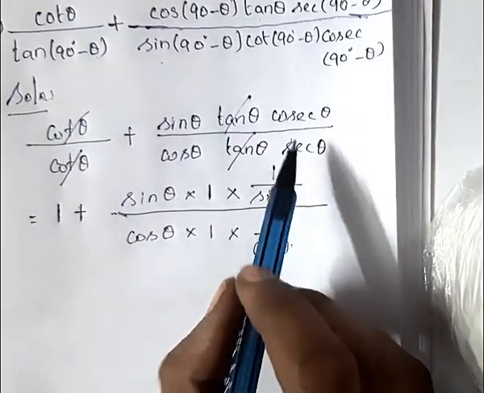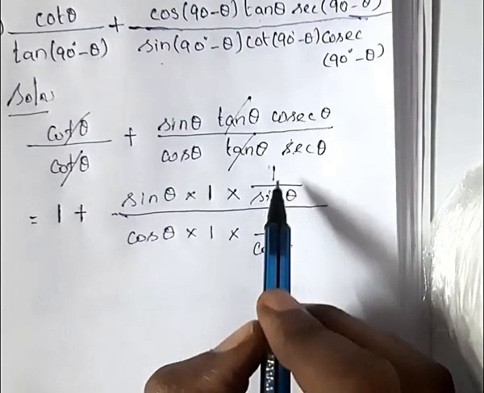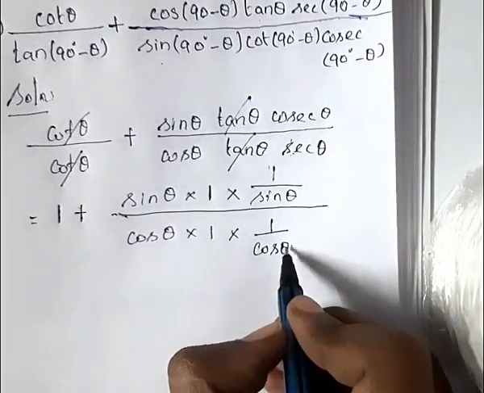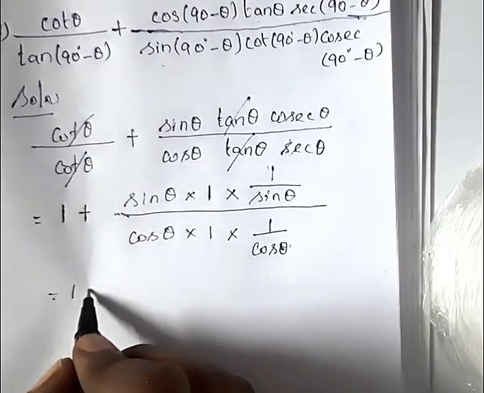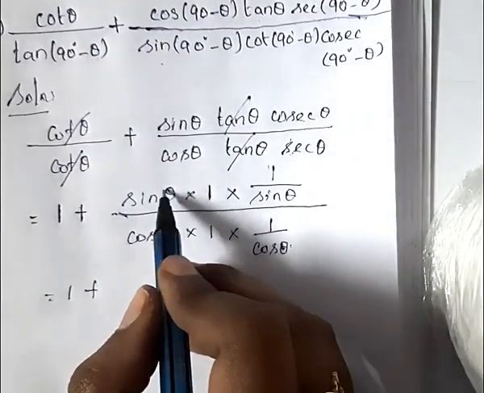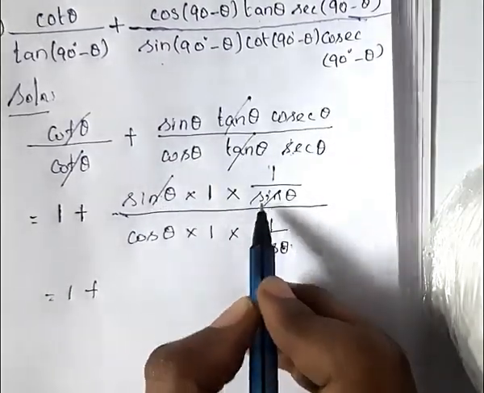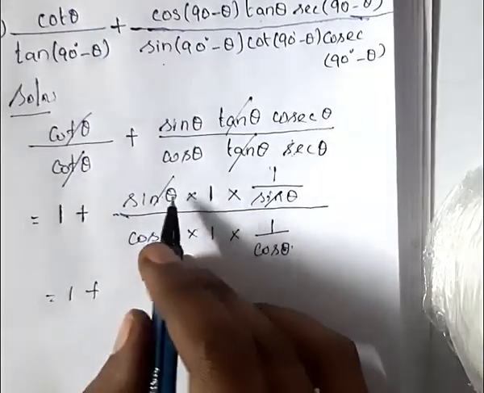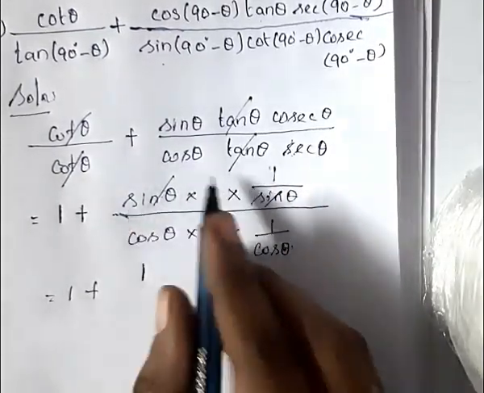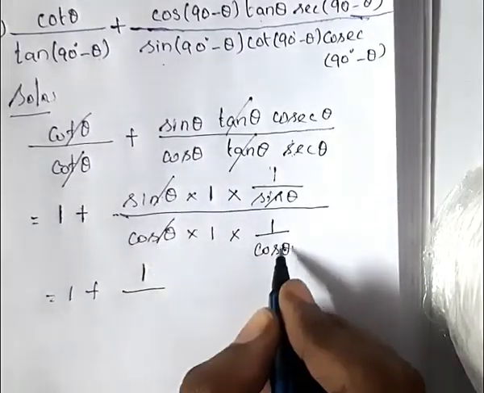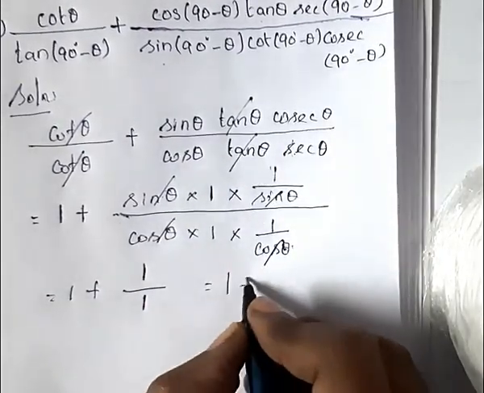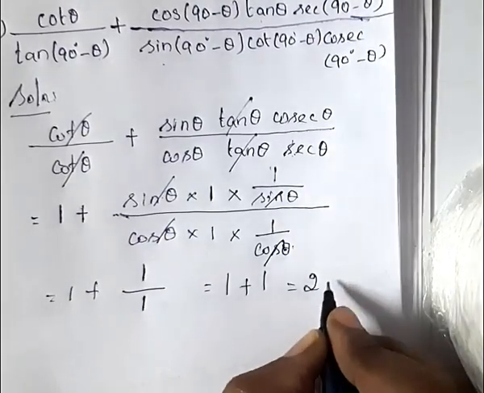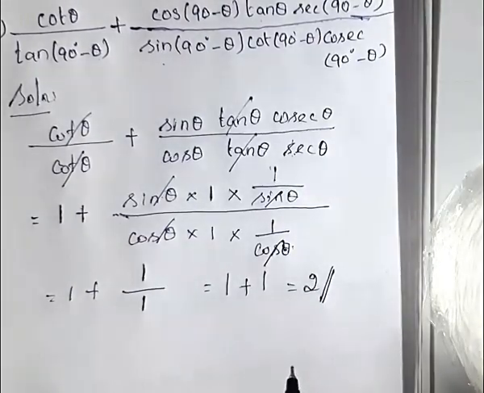So don't forget it. Cosec theta value is 1 by sin theta. Sec theta value is 1 by cos theta. Next, 1 plus, you can cancel, it is in numerator, it is in denominator. So 1, there is nothing in the numerator, then cancel it, 1. So 1 plus 1, that is equal to 2, it is your answer.